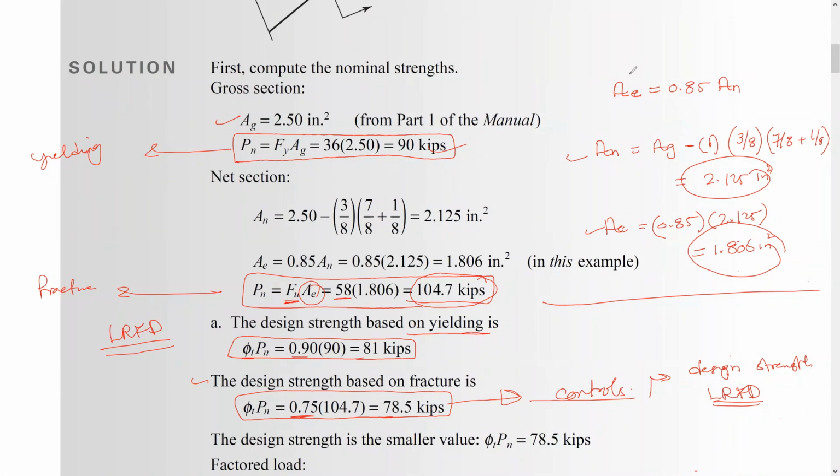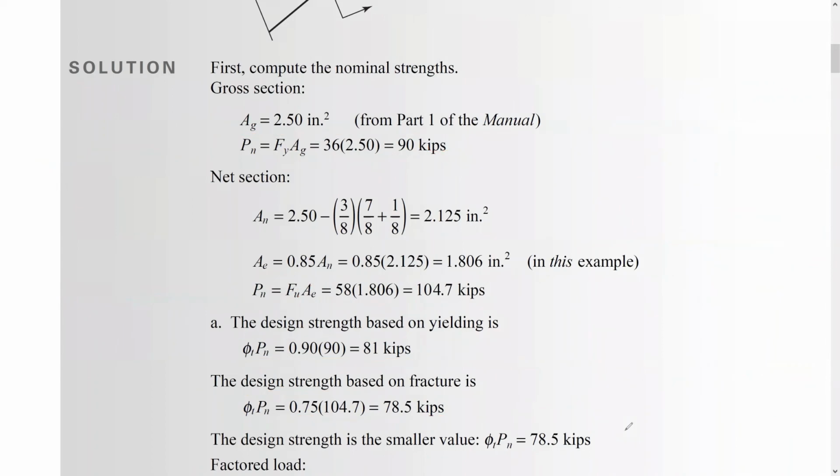Okay, so this is the design strength. Right now we have to make a comparison between the design strength and the applied load. The applied load is mentioned: the dead load is 35 kips, the live load is 15 kips. If we are going through the load combinations, 1, 2, 3, and so on for the LRFD method. Let me just clean this and move down a little bit.